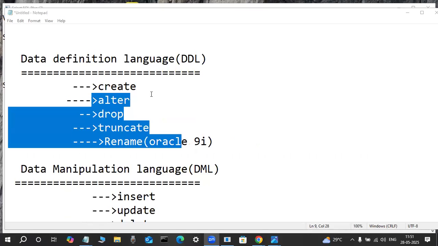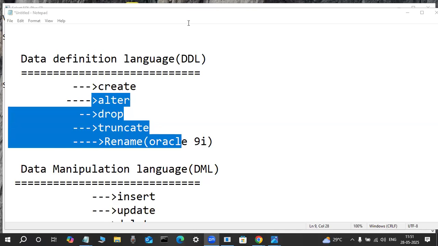Remembering all of that would be very difficult. That's why some set of commands are put into one sublanguage and another set into another sublanguage. Then, knowing which commands are under those sublanguages, we can handle the database very easily. That much depth is there.